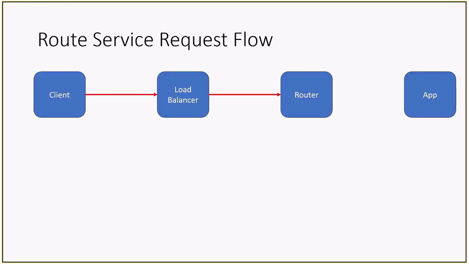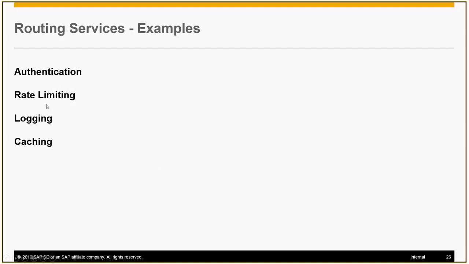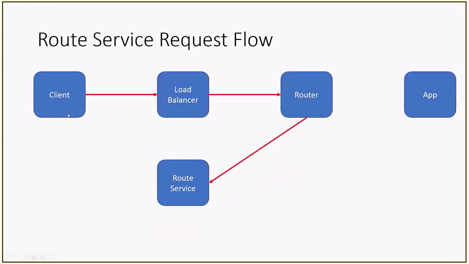So the way you do that in Cloud Foundry is, instead of the router sending the request directly to the app, you can have this route service that takes care of all of this stuff that I showed, this rate limiting and so on. And the route service itself can be from the marketplace. The marketplace can provision this route service. Once the route service has done its job, say if there are 100 requests within 1 minute, it probably denies it.